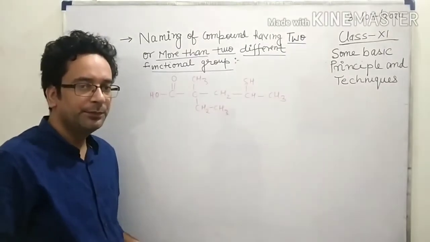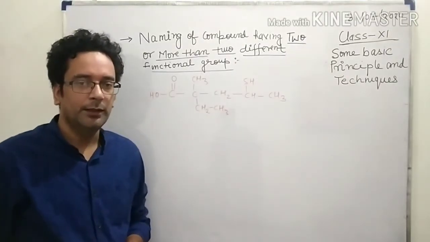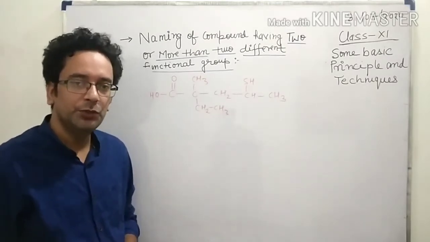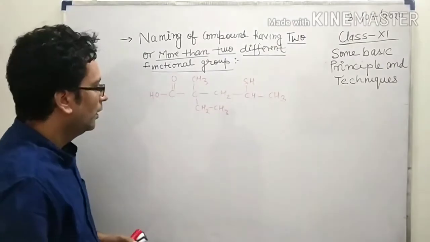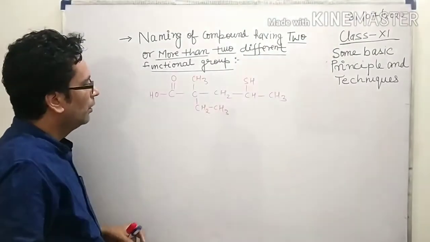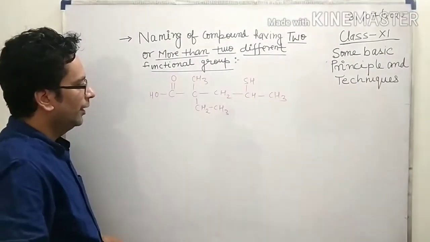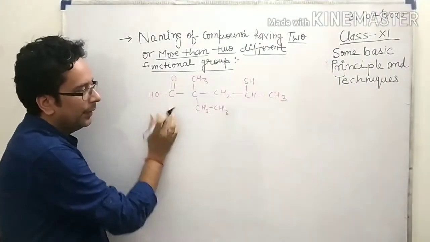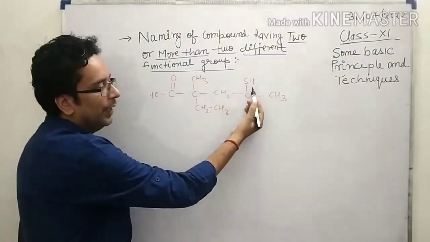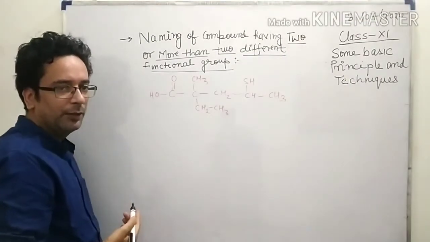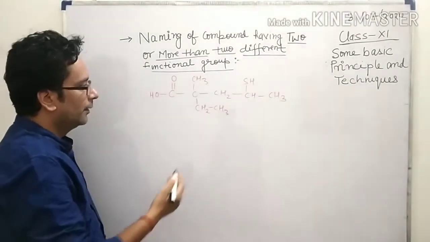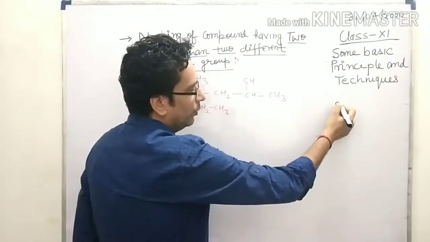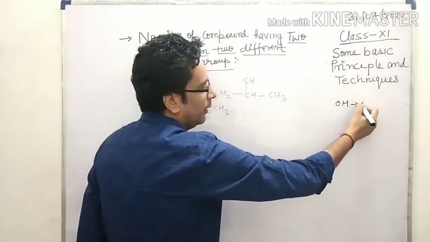Now the next example is based on a compound having two different functional groups or more than two different functional groups. Okay, look here, this one. COOH means carboxylic acid group, and look here, this is SH, this is thiol. Thiol means thioalcohol. If OH is present, then it is known as alcohol.